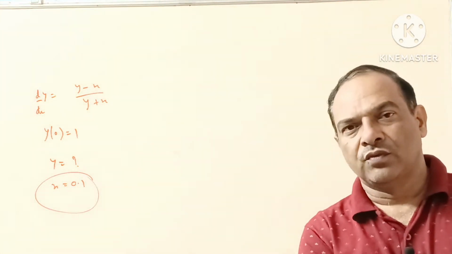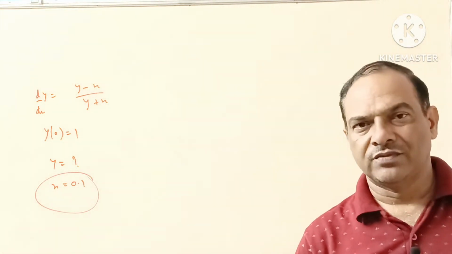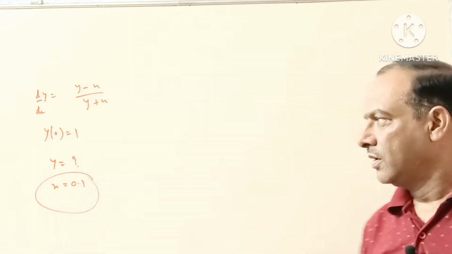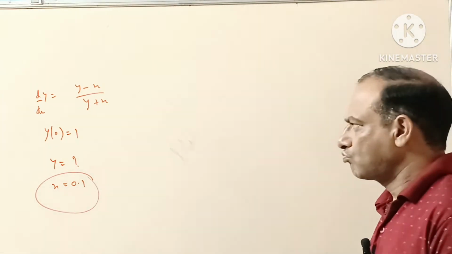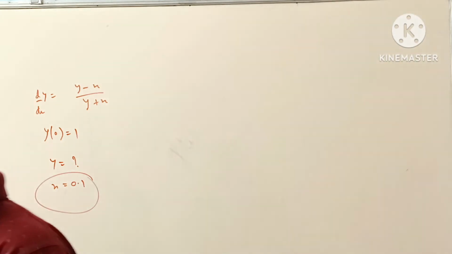The first thing is, we are getting the approximate value. We are not getting the exact value in the case of Euler's method. Now, what is the formula for Euler's method?